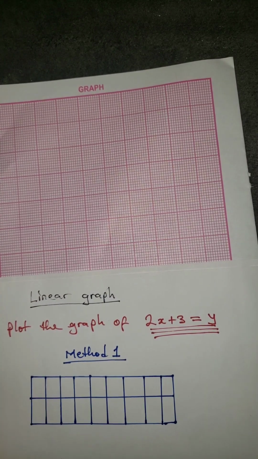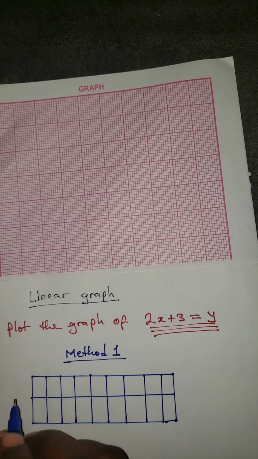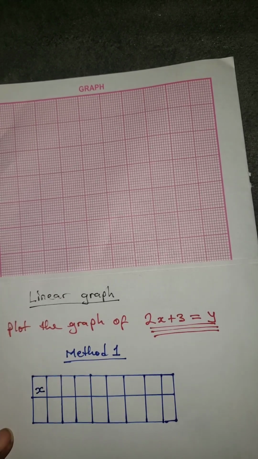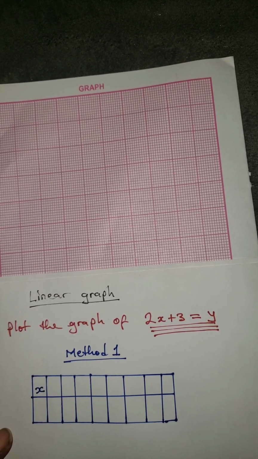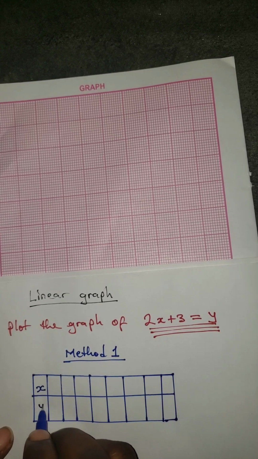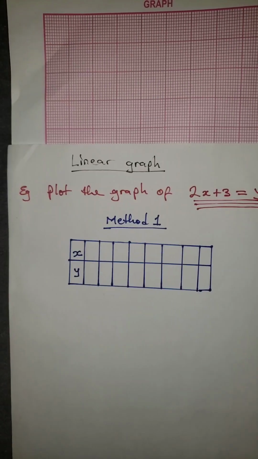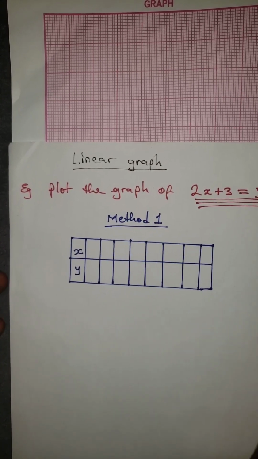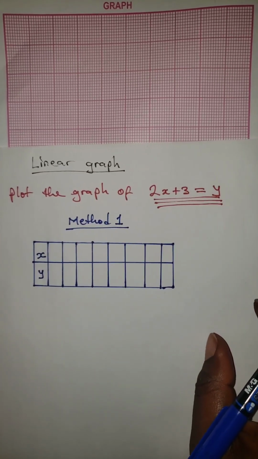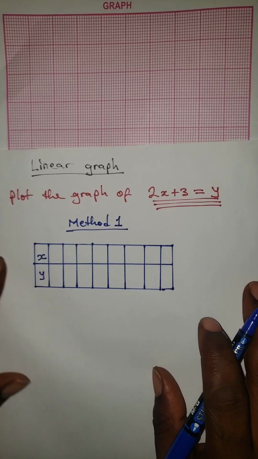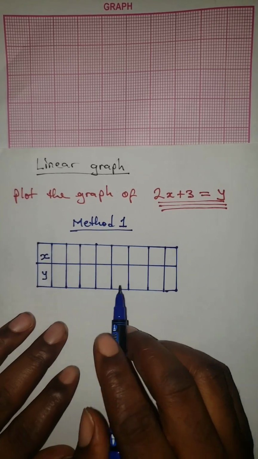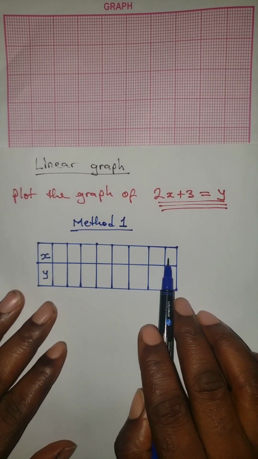Okay, so you can see my table. You have the top row as your x values and the bottom row as your y values. We have created our table.